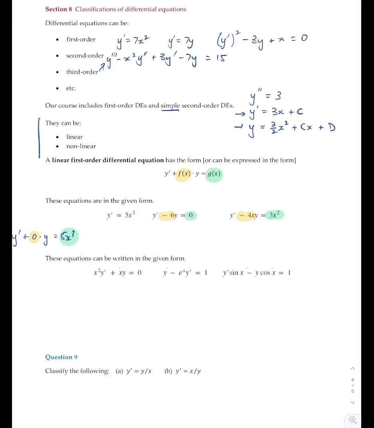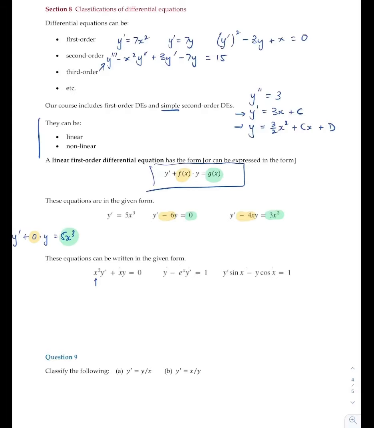Okay, the next ones. These can be written in the given form. So think of a question that could say, show that one of these is a linear first-order differential equation. Well, you would rewrite it in this form. So x squared y dash plus xy equals 0. What's the problem with this? The problem is that in the given form, there's nothing attached to y dash.